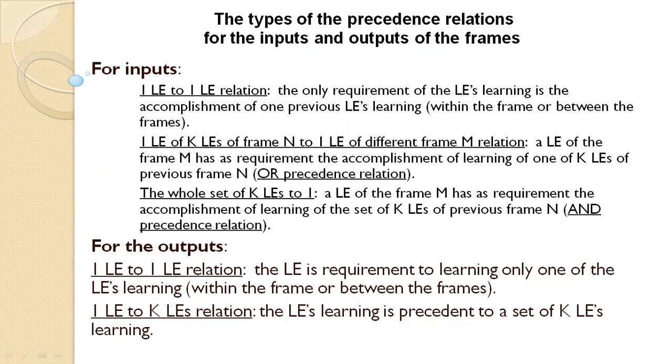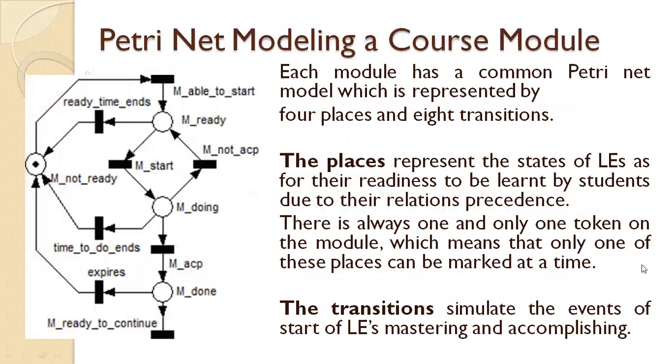Using these precedence relations between learning elements, we can build a common Petri net model for each module. And for each module, the common Petri net might be represented by 4 places and 8 transitions, as you can see in the picture. The places represent the states of learning elements as for their readiness to be learned by students due to their precedence relations.